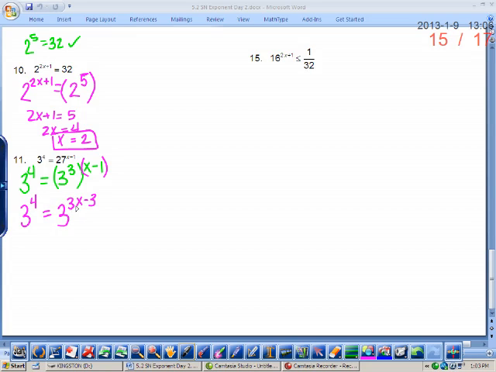So you just multiply it as if it was just like regular numbers. Because our rule for a power to a power is that we multiply those powers. So we're taking 3 times x minus 1. Okay? And then we can set up our little equation. 4 equals 3x minus 3. 7 equals 3x. So 7/3 is x.